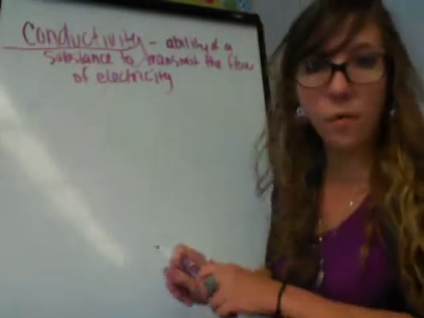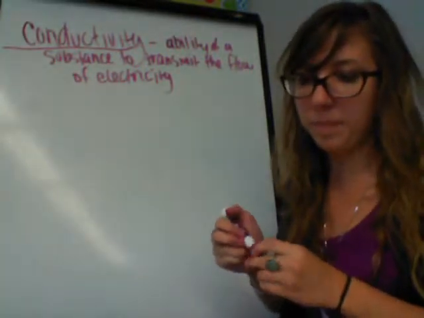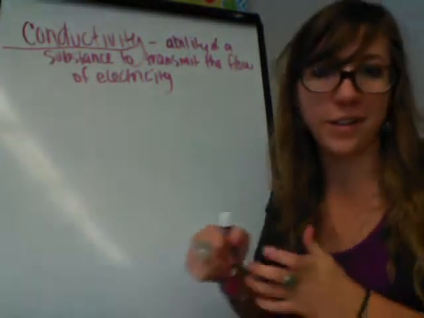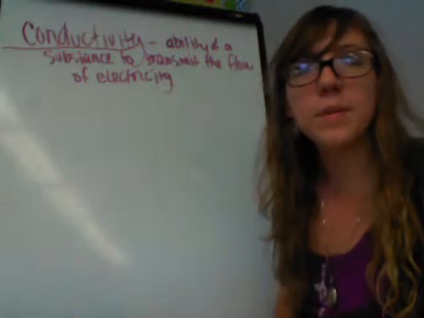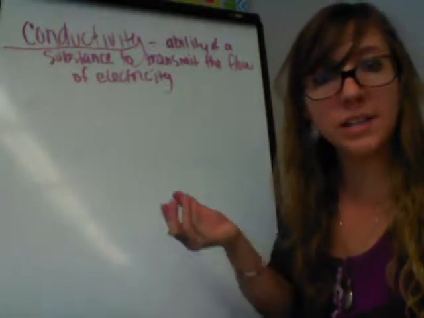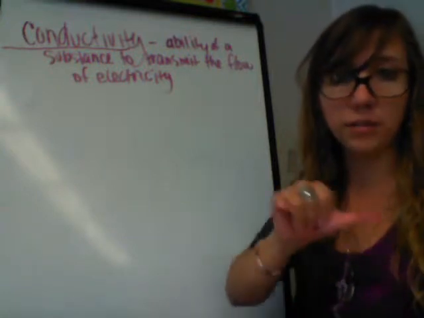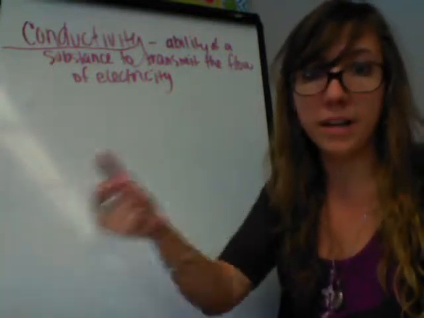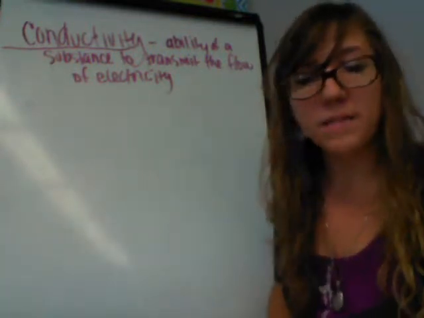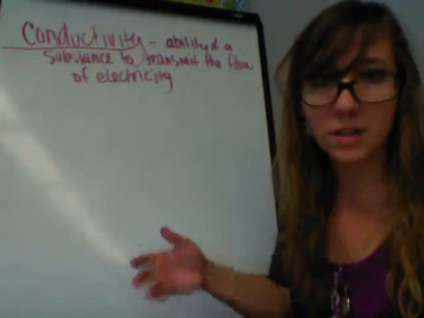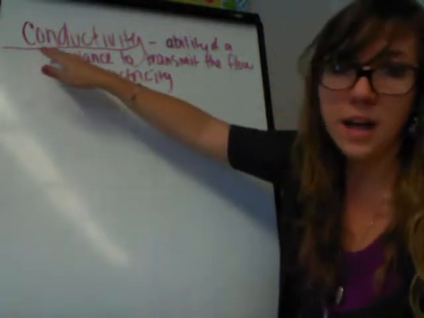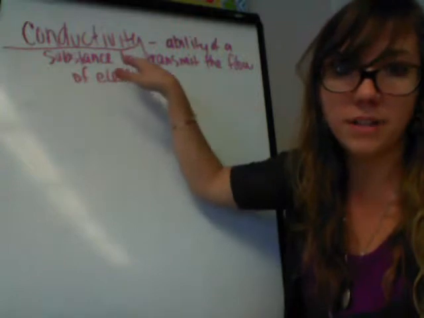For example, metal is a really good conductor of electricity. That's why a lot of wiring is made of metal on the inside, because that will take electricity from point A to point B very easily. So we say it's a good conductor because it demonstrates that that metal has good conductivity.